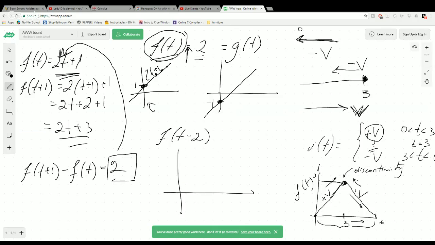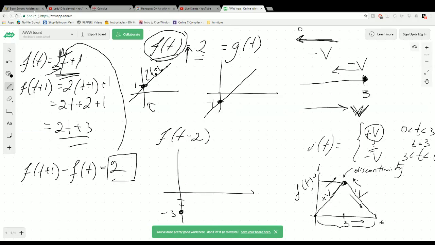If I plug in 0, I get f of minus 2. What is f of minus 2? Well, if I plug in minus 2 for t right here, 2 times minus 2 is minus 4. Minus 4 plus 1, minus 3. So I'm getting minus 3. If I plug in 0, I got minus 3. 1, 2, 3 down right there, minus 3.